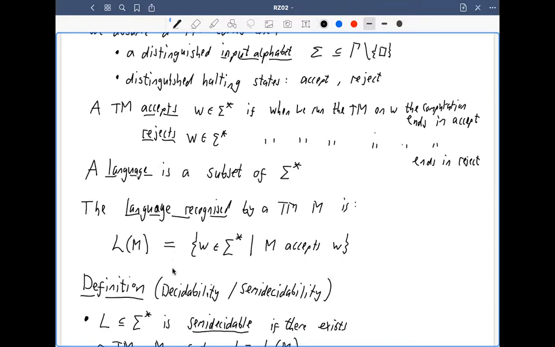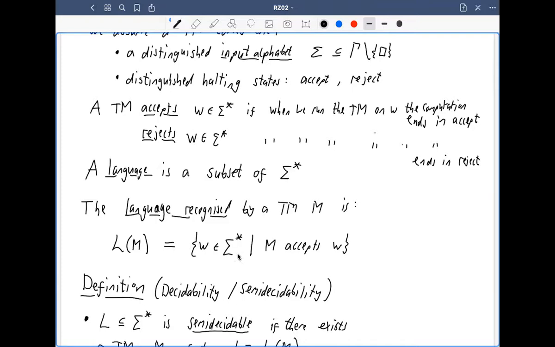So it's much better to be in a better situation. For any Turing machine, we can define the language recognized by it, but we're much happier if we know the Turing machine is going to halt for any word we give it as input, any word from the input alphabet, and that it will be in an accept state when it halts only for the words that we're interested in.